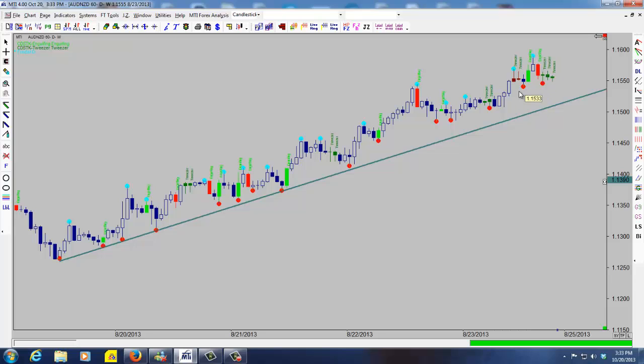So I've just come to my charts and I'm looking for opportunities to take a trade. Like I said, this can be a 15-minute chart, an hourly chart, or whatever time frame you deem it could be.